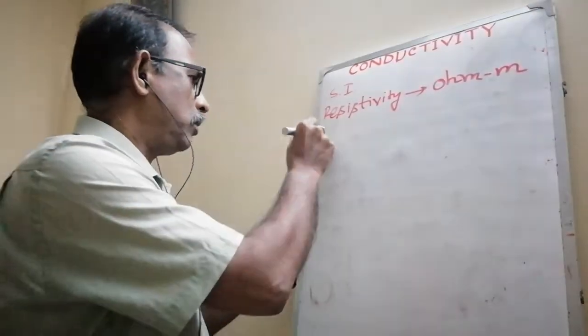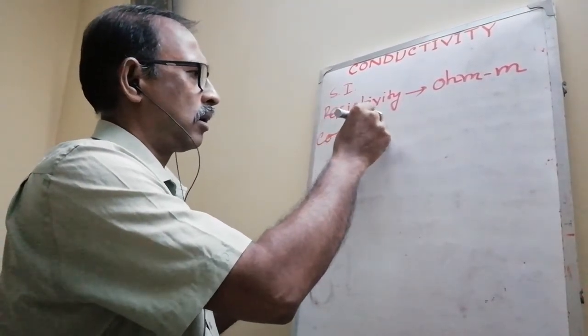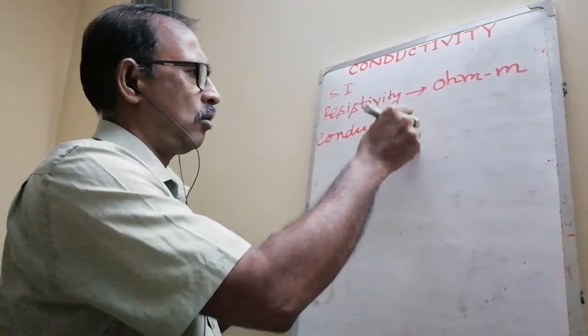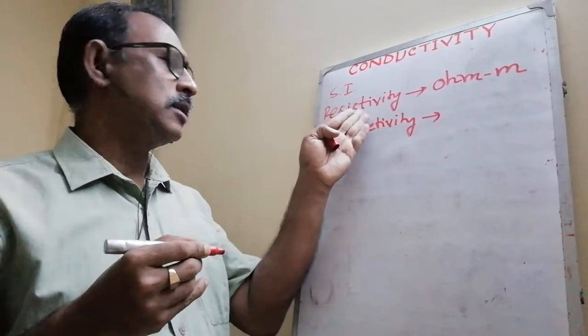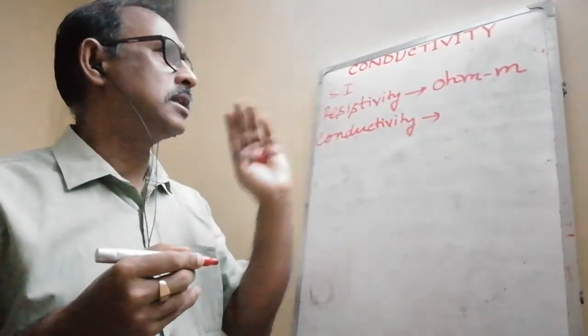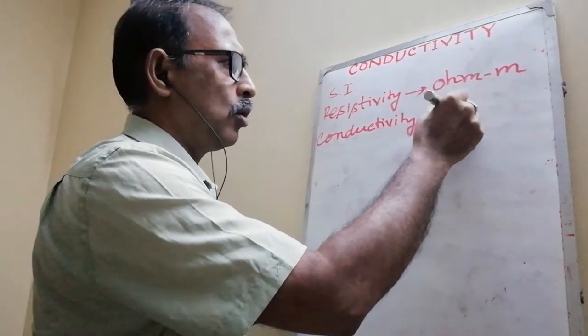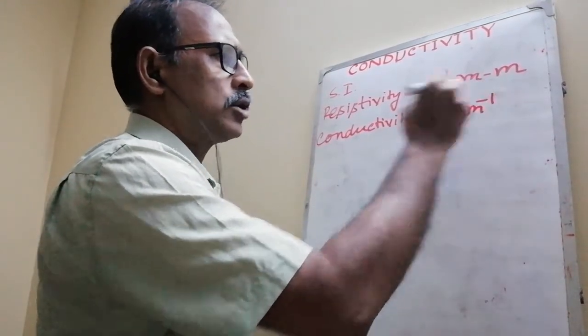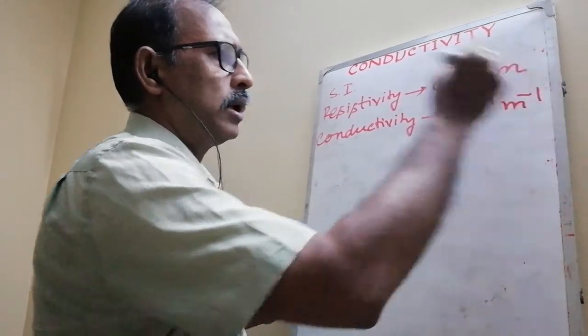Now what is the SI unit of conductivity? As conductivity is the reciprocal of resistivity, the unit will be just the inverse. It will be ohm to the power minus 1 meter to the power minus 1.